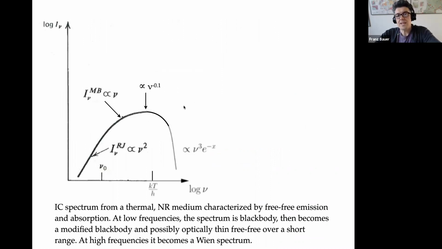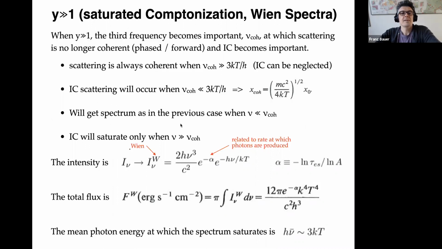Above that, we get a modification because we start completely upscattering things because of this. So IC will start to saturate when this condition holds. We can think about this: the intensity will be characteristic of this intensity here, which we say is the Wien intensity.